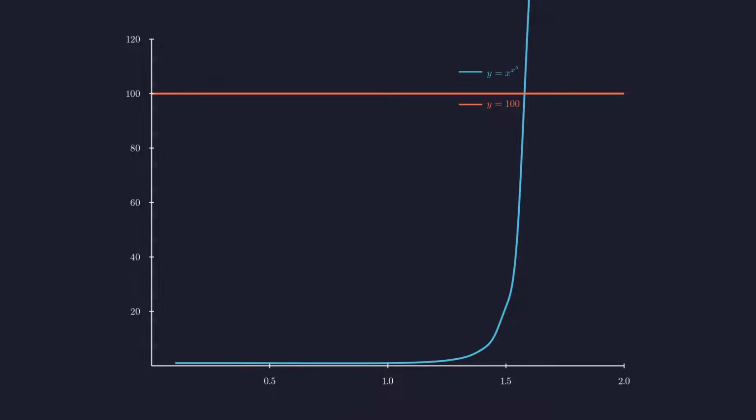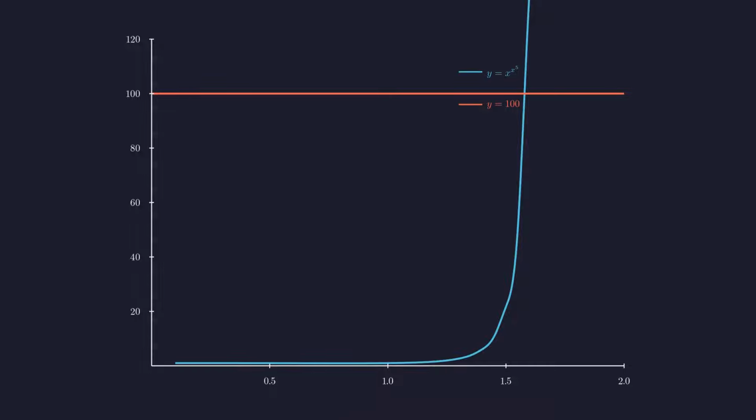To be really sure, we can also visualize the problem to confirm that this solution is unique. What we'll do is treat each side of our equation as a separate function, and then look for where they intersect. So we'll plot the function y equals x to the power of x to the fifth, and also the simple horizontal line y equals 100.